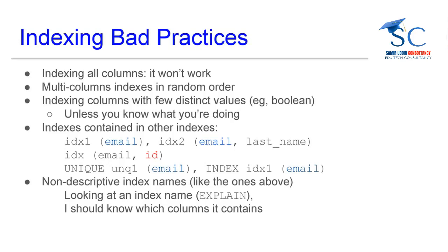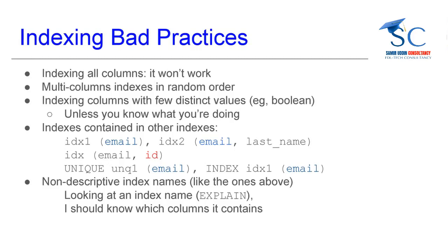They both start with the email column, and idx1 only has that column. So it's duplicated by idx2. In this case, you probably want to drop idx1. The second example is also interesting. It's only about MySQL. It's not about Postgres, for example.